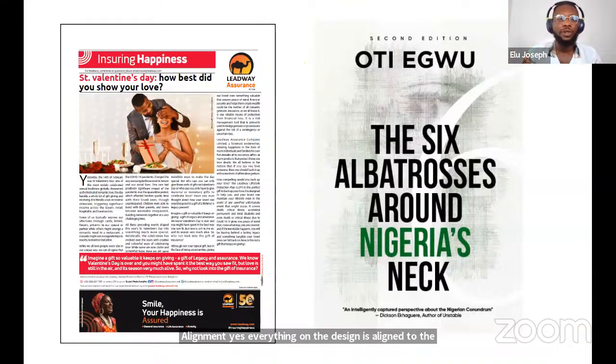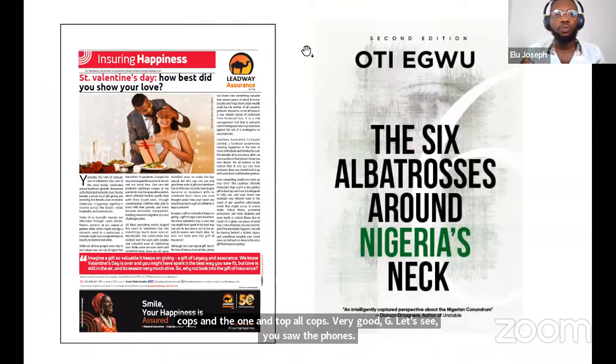And you can see the choice of font. Tall font for the title of the book, short font for the text that says an intelligently captured perspective, blah, blah, blah. Short, small caps, and the one on top, all caps. Very good, Gillette. You saw the font. Nice.